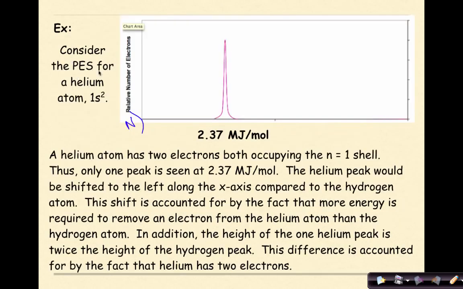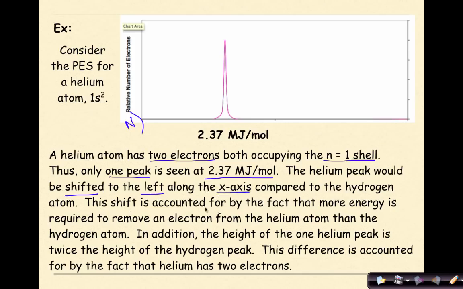Now let's consider the PES for a helium atom, 1s2. A helium atom has 2 electrons, both occupying the first shell. Thus, only one peak is seen at 2.37 megajoules per mole. The helium peak would be shifted to the left along the x-axis compared to the hydrogen atom.